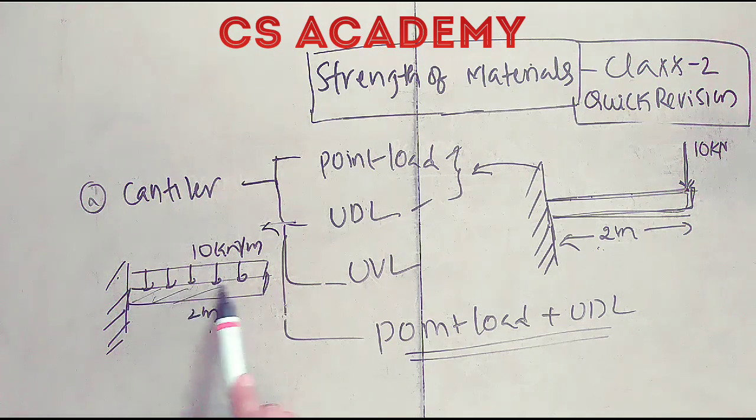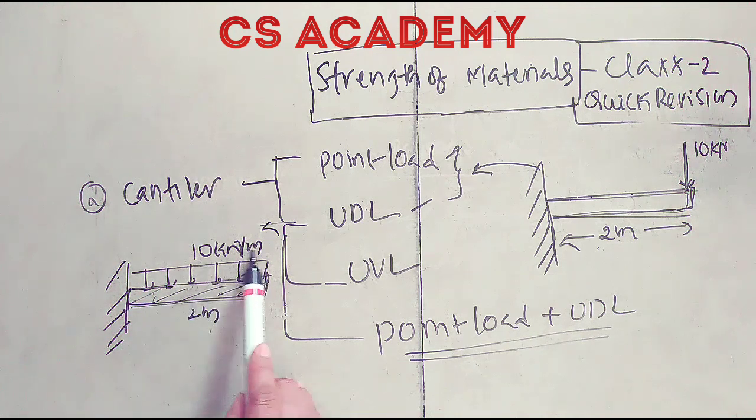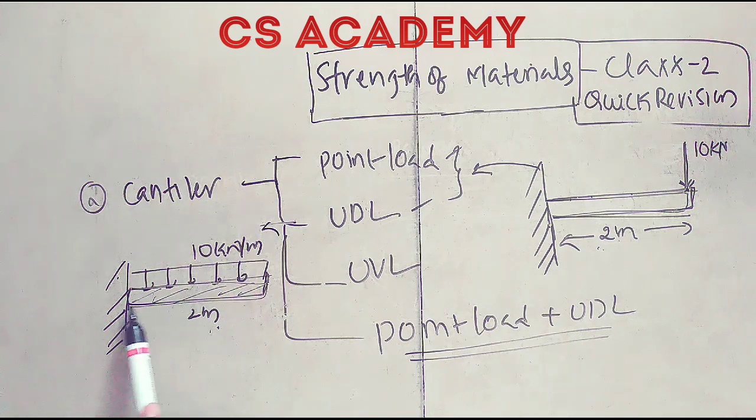See here, this is a cantilever beam, and the load is uniformly distributed from one end to the other end. This is known as a uniformly distributed load, a cantilever with UDL.